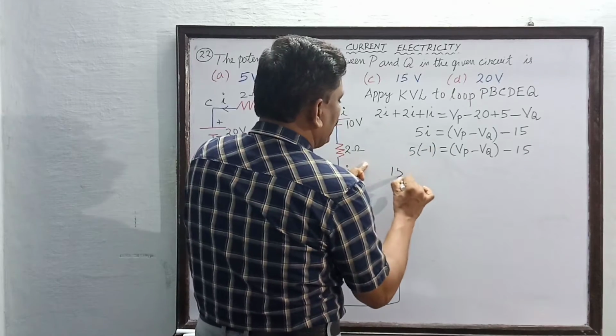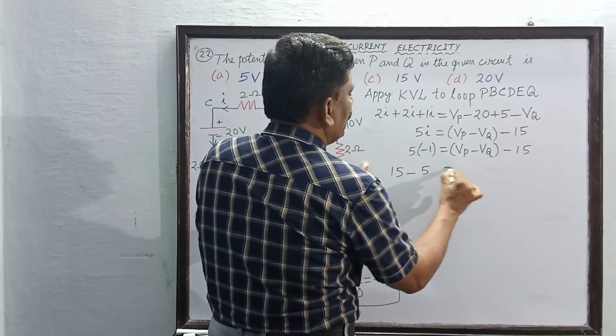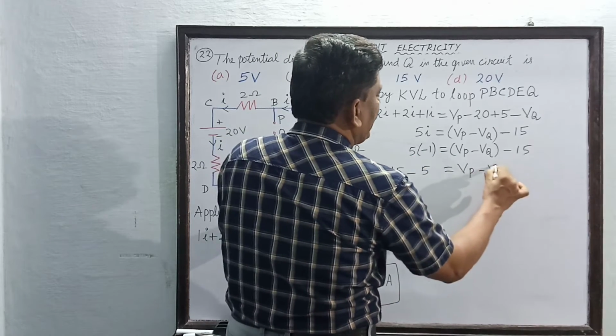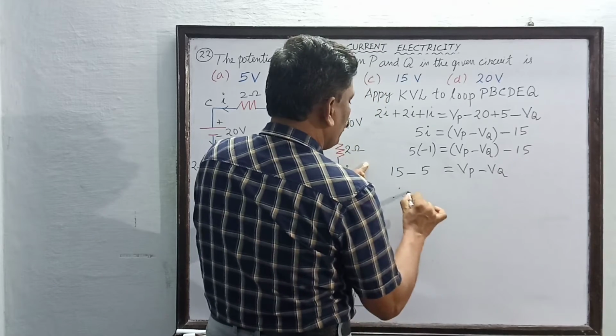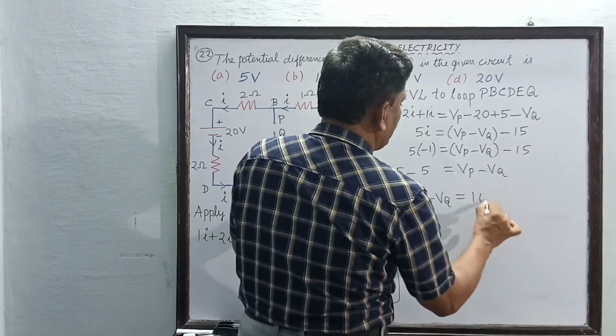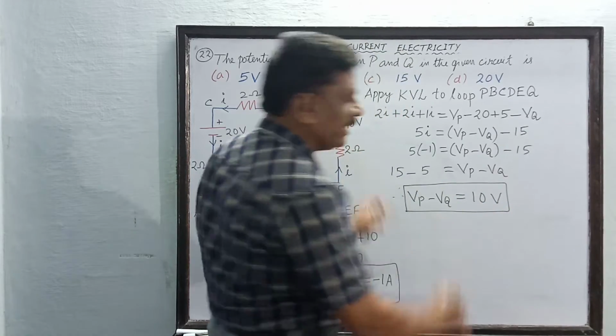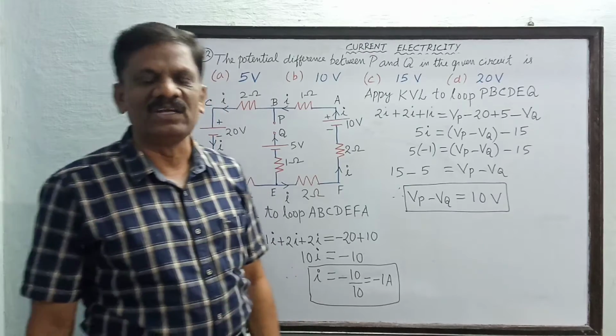Then minus 1 into 5 is minus 5, plus 15, is equal to Vp minus Vq. Therefore, Vp minus Vq is found to be 10 volt. So this is the potential difference between the points P and Q.